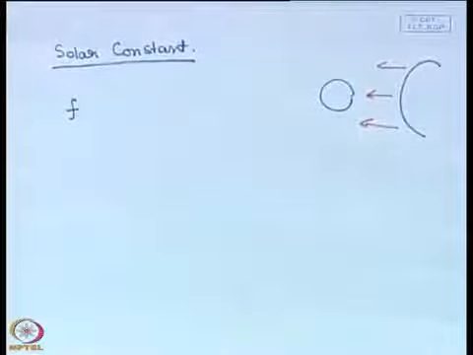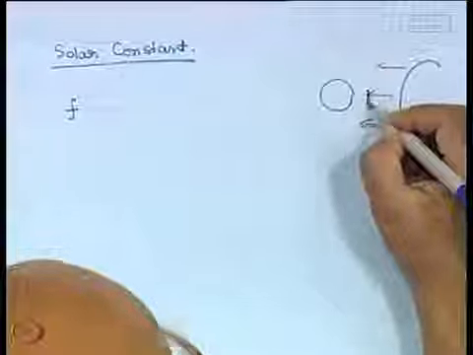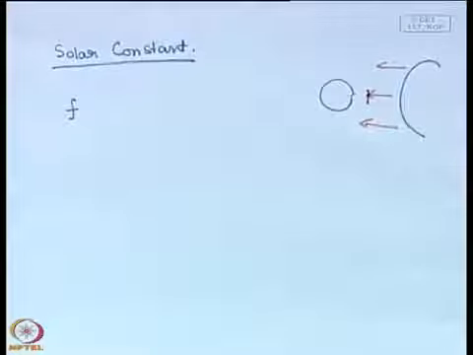What the solar constant measures is the flux of this radiation just outside the earth's atmosphere. Not all the radiation incident on the earth's atmosphere enters the atmosphere. If you were to measure the flux of radiation coming on the surface of the earth, it would be considerably less, because part of the radiation gets reflected back.